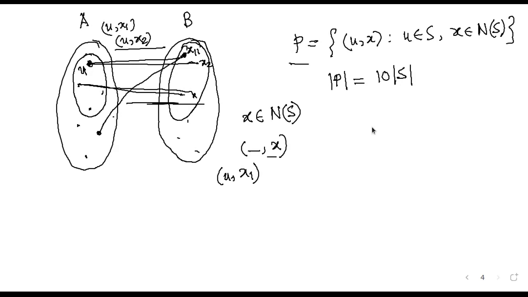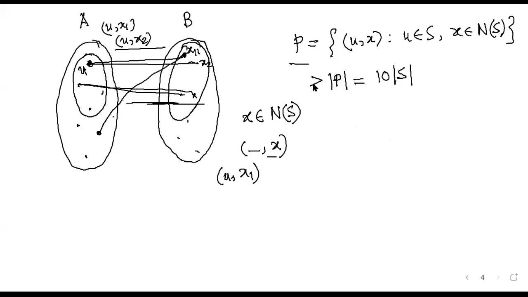If all the elements of P will be in that set, that will prove that the cardinality of that set is greater than or equal to the cardinality of P. Then we can say the cardinality of N(S) is greater than or equal to the cardinality of S. That's basically the same thing, but the other way around.